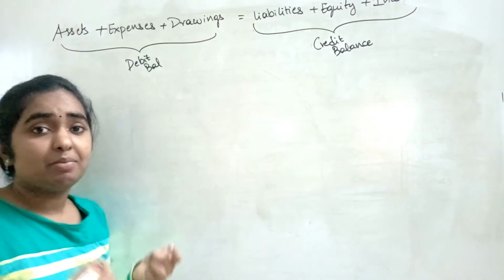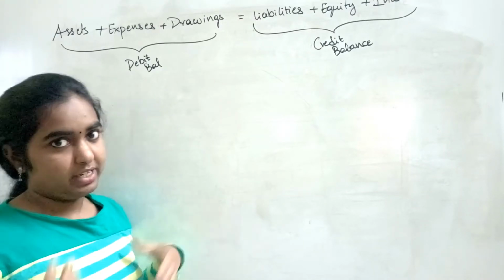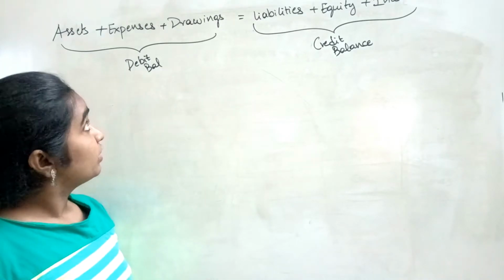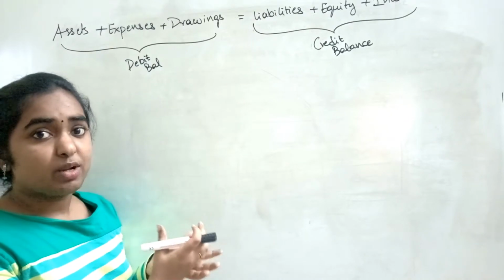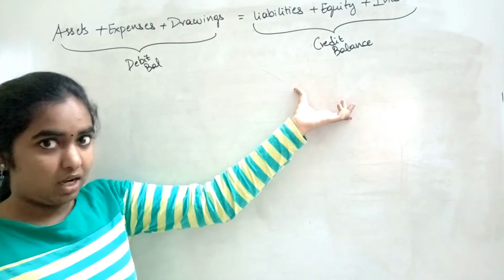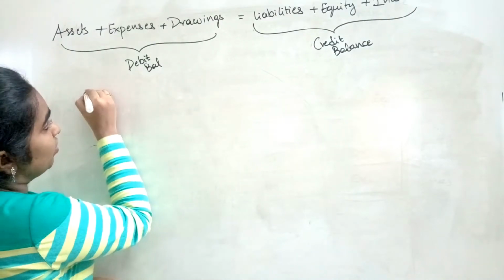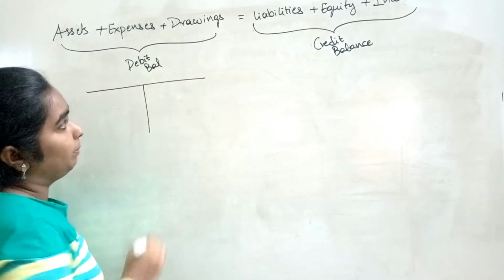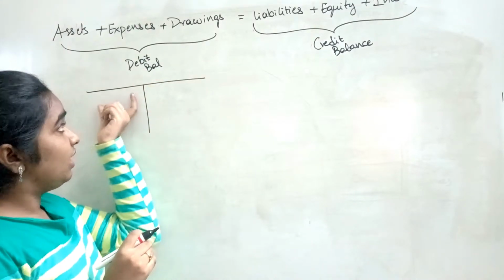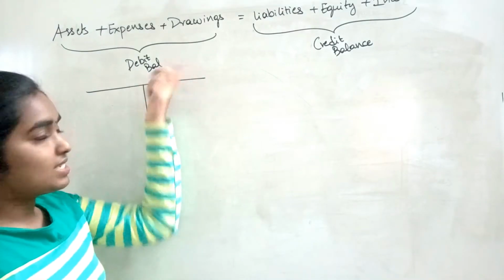So what do you mean by debit balance first of all? In the previous lecture I have told you what do you mean by debit and credit, right? Debit means whatever is there on the left side of the account, and credit means on the right side of the account. So taking an account as an example, if the left side or the debit side is more than the credit side, then that is called as debit balance.